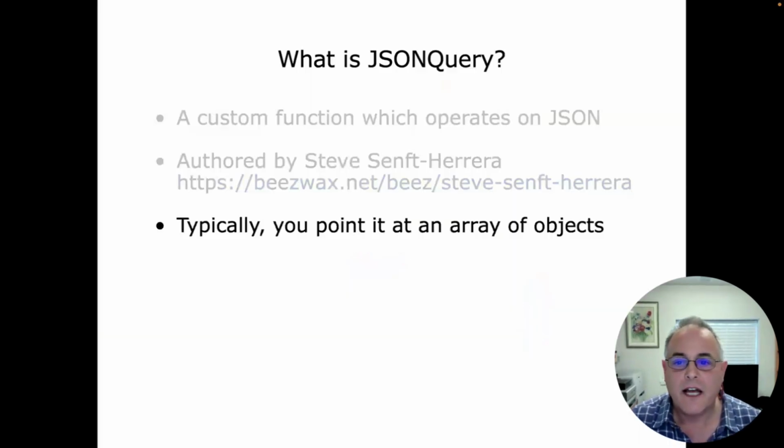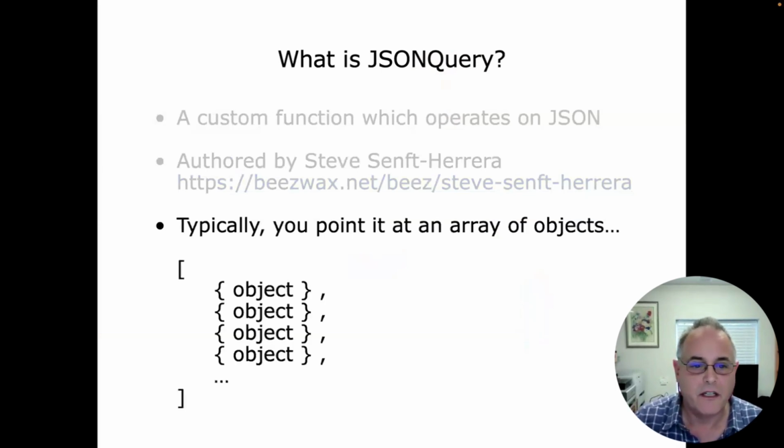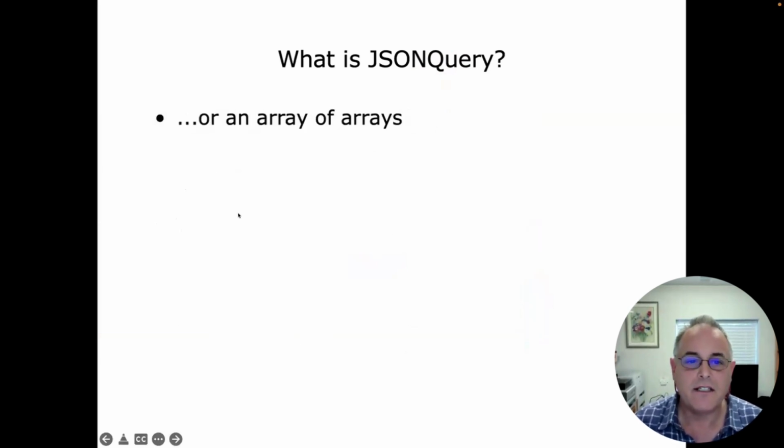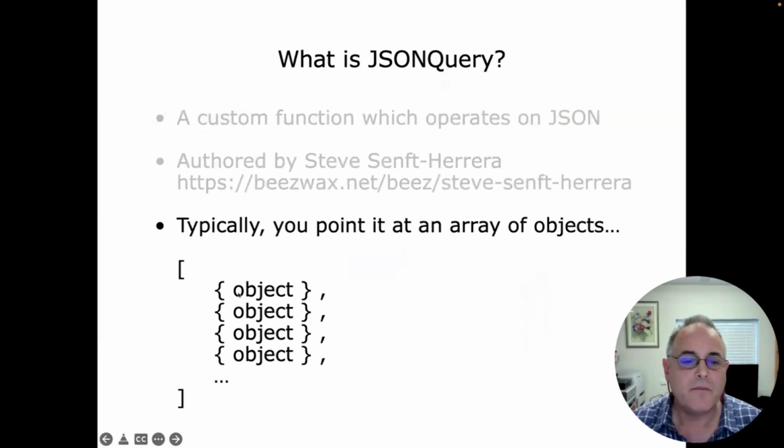So then, anyway, JSONQuery, you point it typically at an array of objects, right? So this is its sweet spot. It loves arrays of objects or arrays of arrays. So in case this isn't clear, when we see something like this, in FileMaker parlance, these rows represent records, and this object is one individual record.